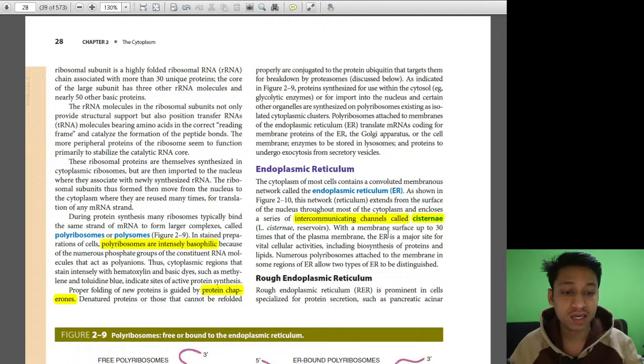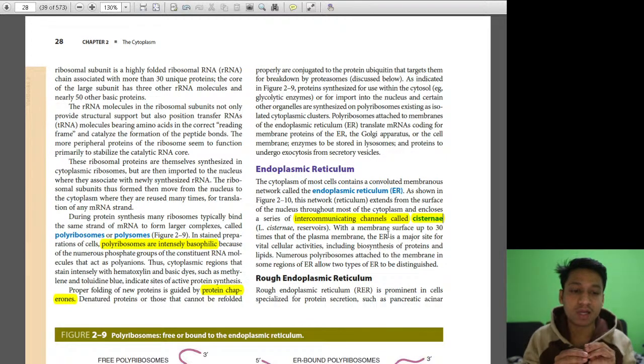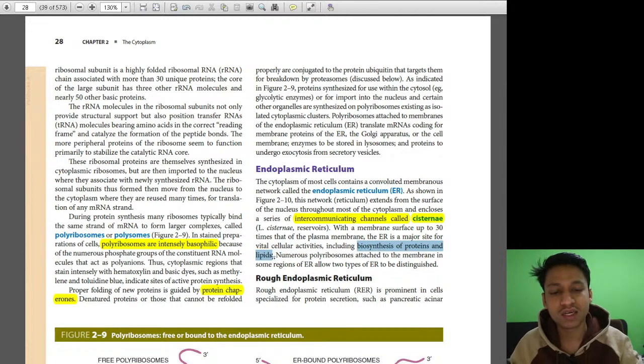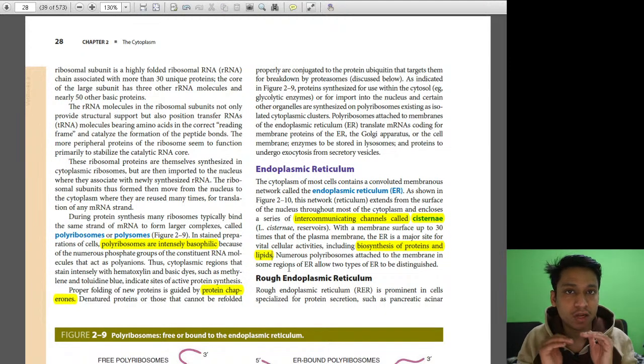So the membrane surface area of the endoplasmic reticulum is more than that of a plasma membrane. The ER is a major site for vital cellular activities. What cellular activities? Let's check. Including biosynthesis of proteins and lipids. So synthesis of proteins and lipids is what happens at the surface of the endoplasmic reticulum.